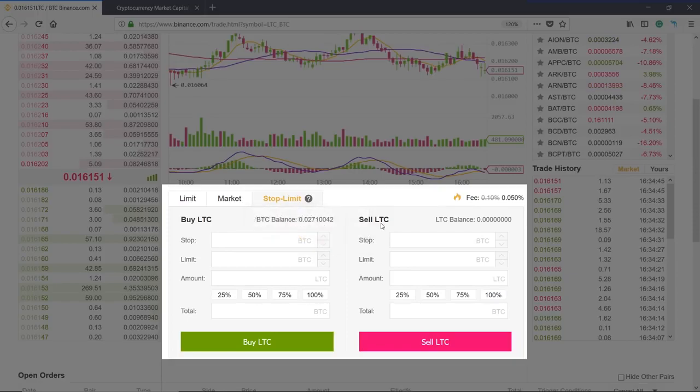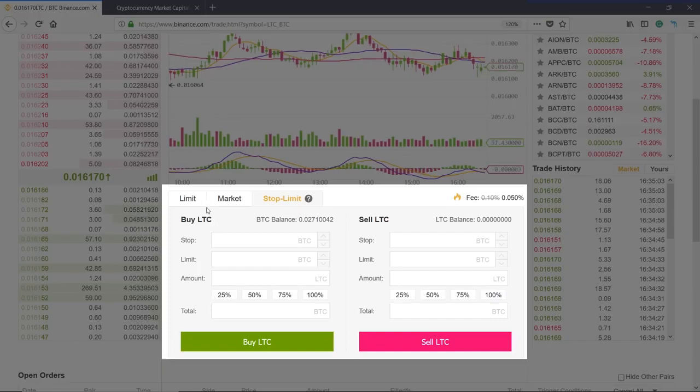So what that means, say you're buying or selling a coin. In an example here, say you don't like the current price of Bitcoin right here, or the current price of the Litecoin. So you could say, well, I actually want to buy Litecoin if the price goes to 0.015.